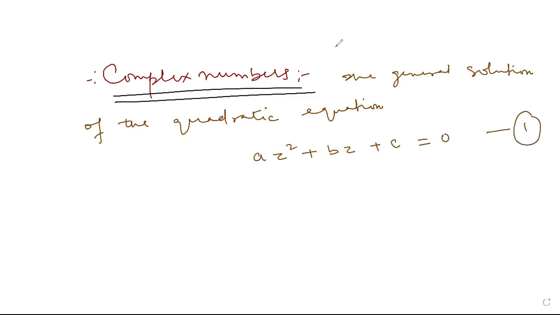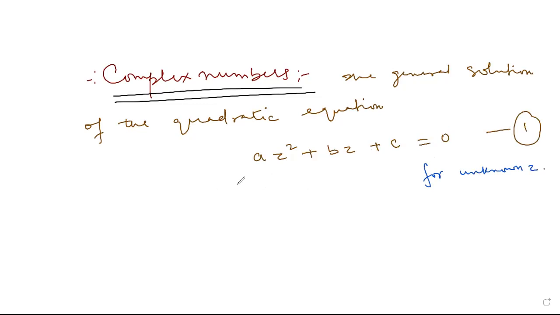I name it first. So this is the quadratic equation. Z is the variable, a, b, c are constants. So this is the quadratic equation for unknown z.